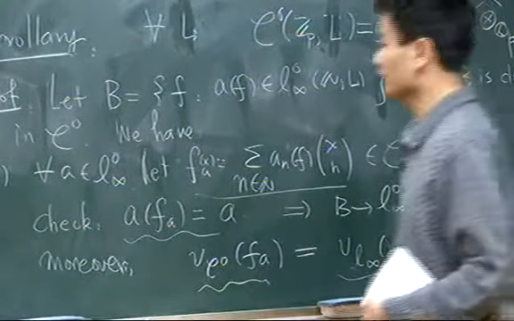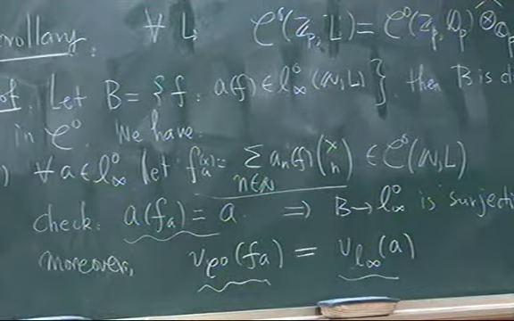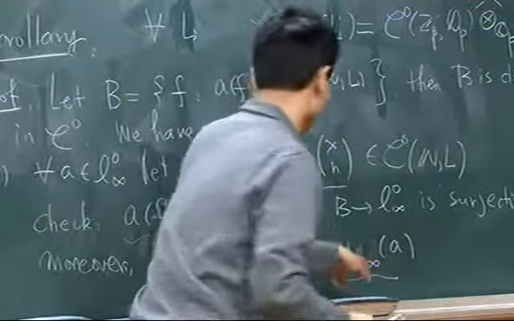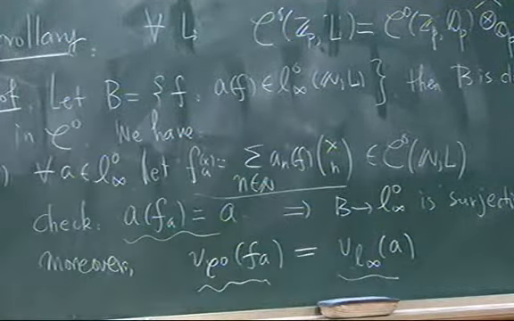So that's why you get an isometry. The first thing you get is that this is surjective and also an isometry.